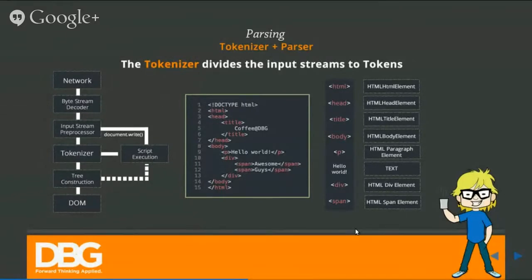It's a recursive process. It goes and goes and creates the tree. Elements get added into the tree, and this is what happens through the network. Input gets to the tokenizer, and the tokenizer splits it in a recursive process, and finally the tree is created. These are the tokens. HTML gets converted into an HTML element, head into a head element, and so on.